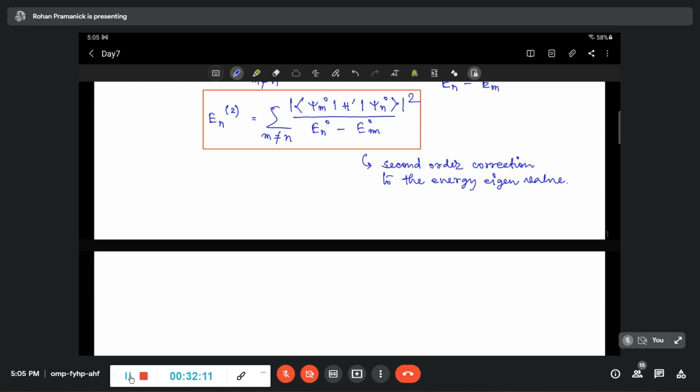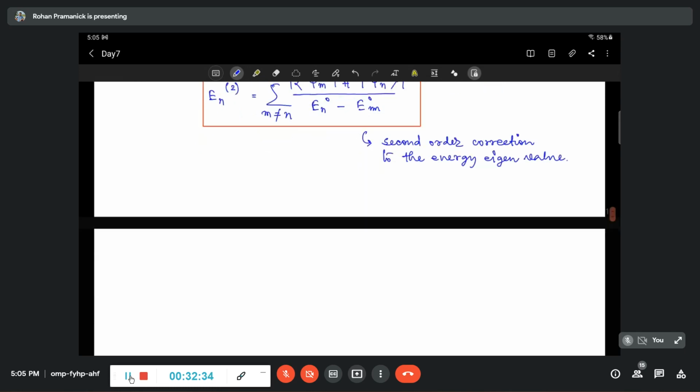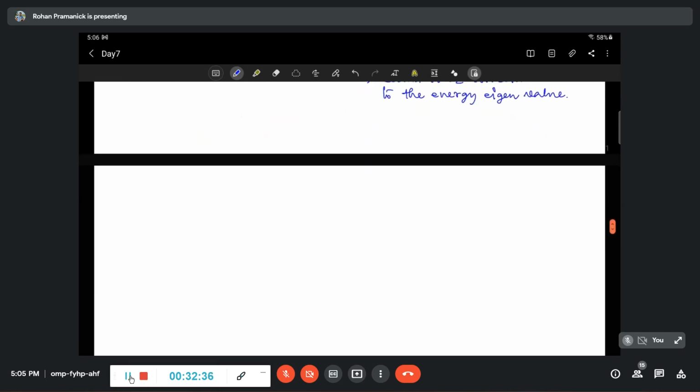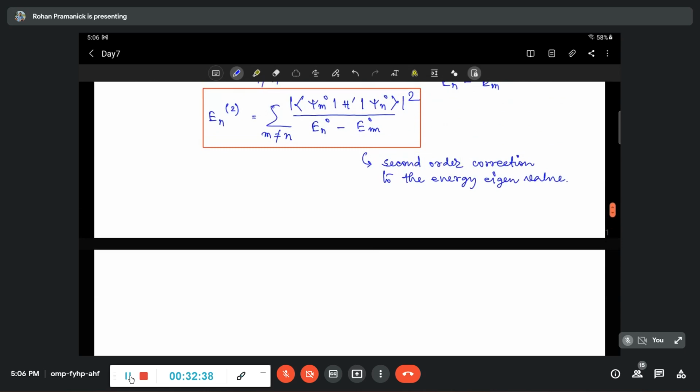With linear perturbation, you will get zero correction to the energy eigenvalue up to first order. So it would be nice if we can somehow reduce this summation to something concrete, which is finite. I mean, finite means we have to do a finite amount of calculation to find out what the correction is.